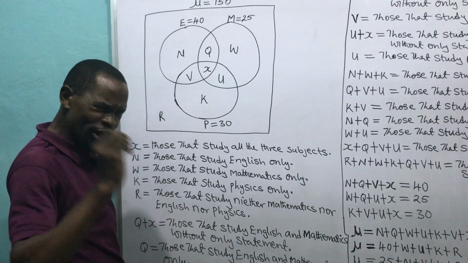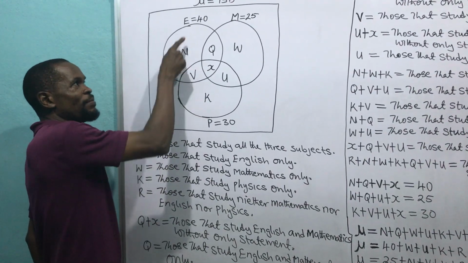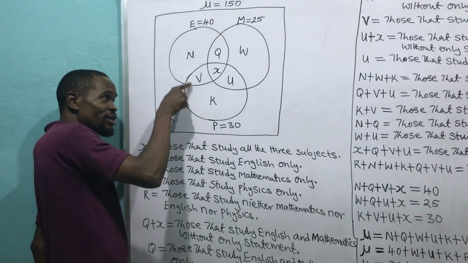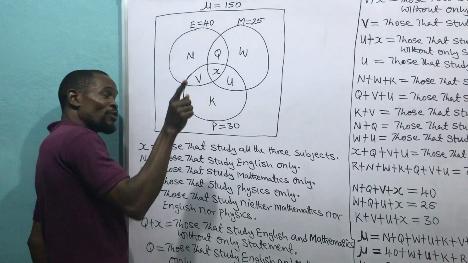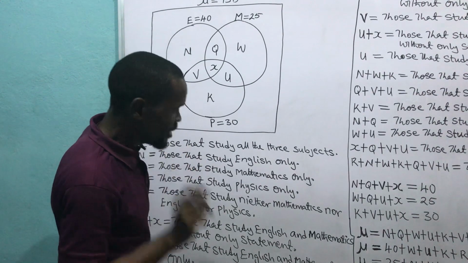You see, I'm putting only on that statement. Then V, which is this, are the people that study English and physics only. This V represents this place.